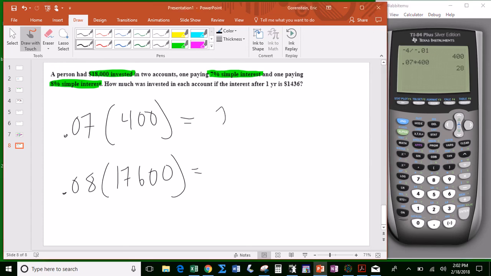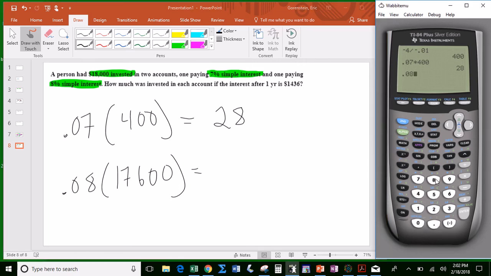So $28 in interest coming from the first account and 8% of the 17,600. This should give us 1408. Hopefully, yeah, 1408.